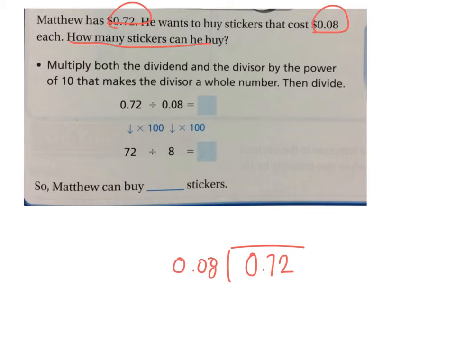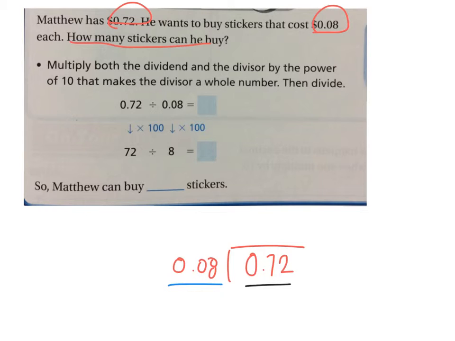Now, we don't like to divide when we have a decimal in the divisor. Okay, so let's back up for a second. Which number is my dividend? 72. Right, here's our dividend, 72 cents. And what's our divisor? 8. Yes, 8 hundredths or 8 cents.